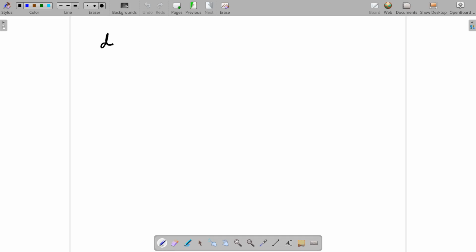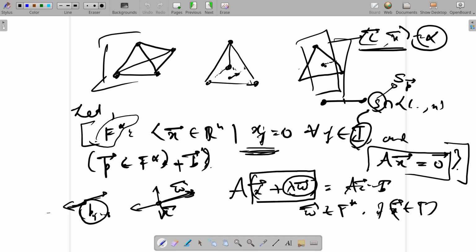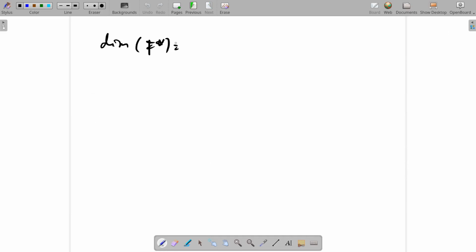So now what is the dimension of f star? So dimension of f star is n minus r by rank nullity theorem. So where did the rank nullity theorem come from?